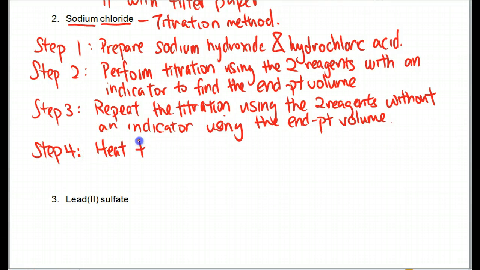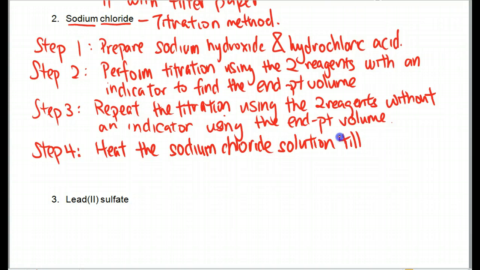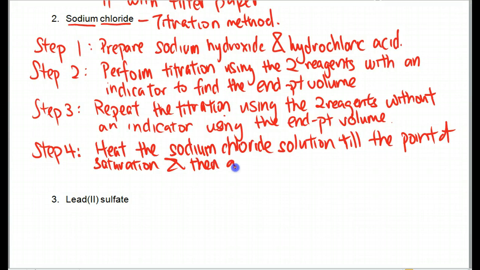We're going to heat the sodium chloride solution to the point of saturation and then allow it to cool to form sodium chloride crystals.